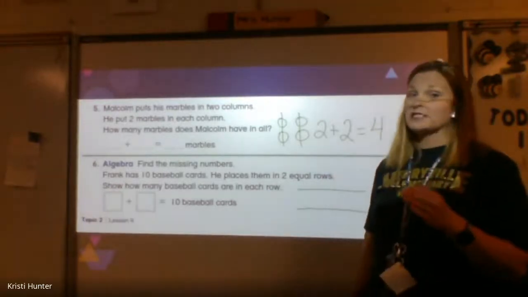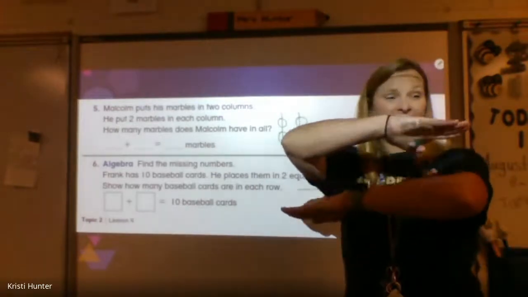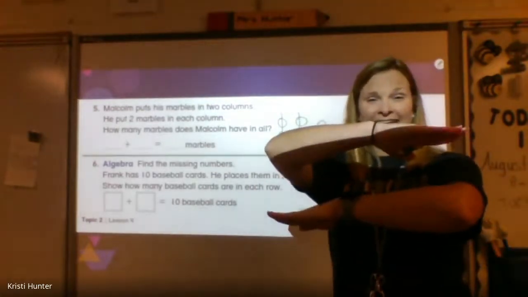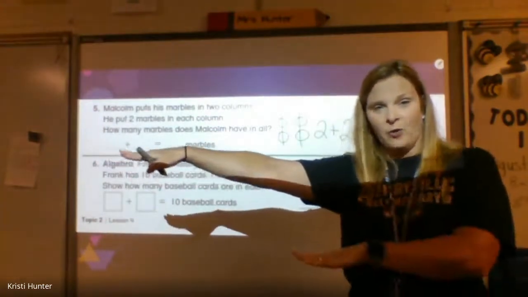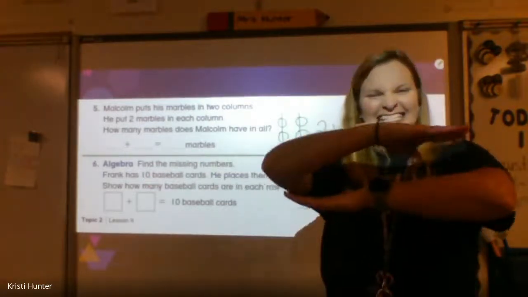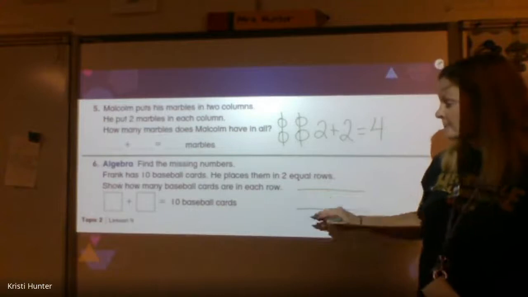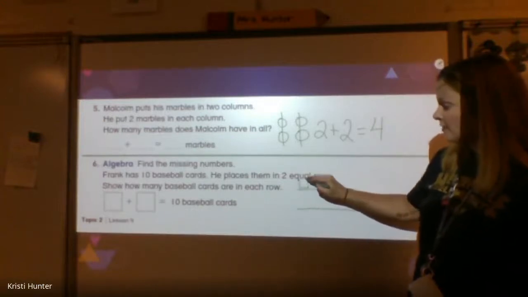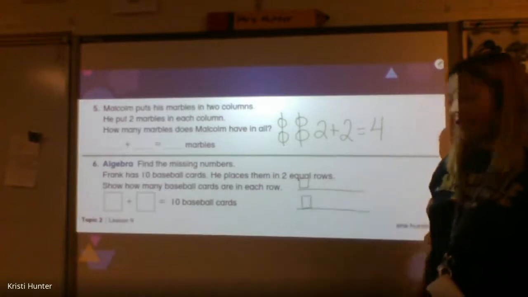And it says Frank has a total of 10 baseball cards in these 2 rows. Now remember, to make an array, the same number on the top row has to be the same on the bottom row. I can't have all 10 on this row and none down here, or some here and some there. My arrays have to be the exact same, okay? So I'm going to start drawing my baseball cards, and when I put one on the top row, I'm going to put one on the bottom row, okay?